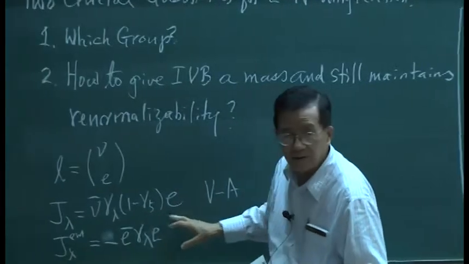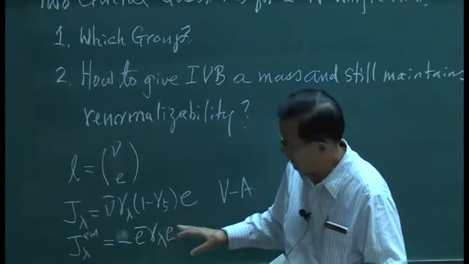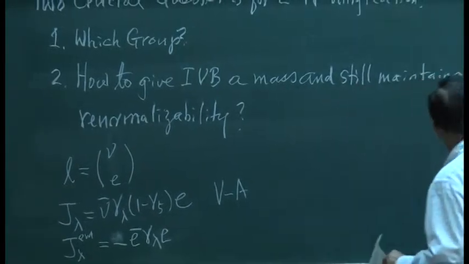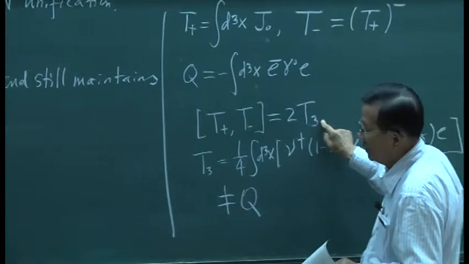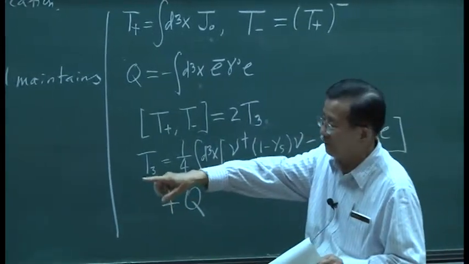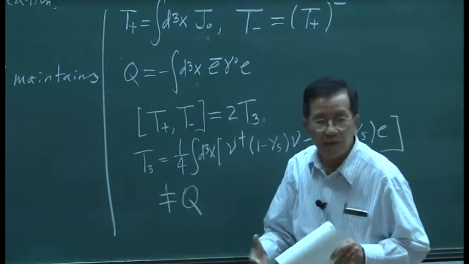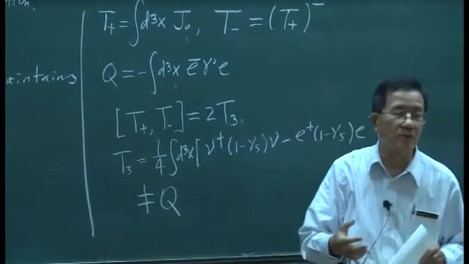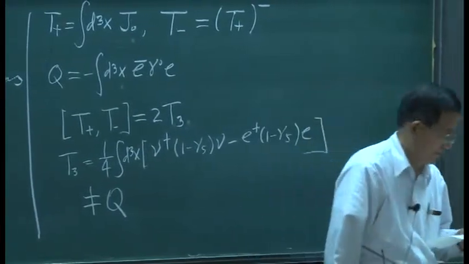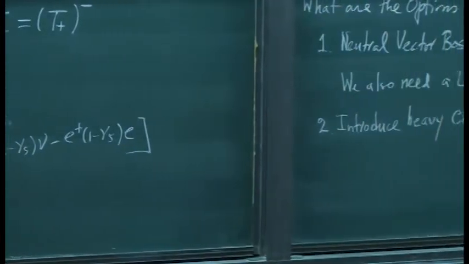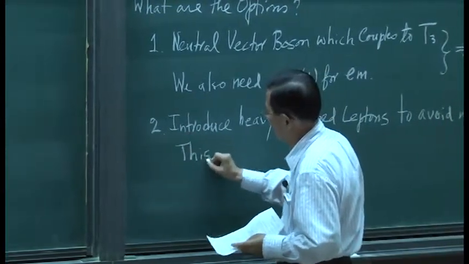This will have more current, more contribution from the charged electrons, and then you'll be able to do it in such a way that these things are exactly equal to the electromagnetic current. And if you want to know the details, you can read Chen Li. But this was ruled out very quickly.